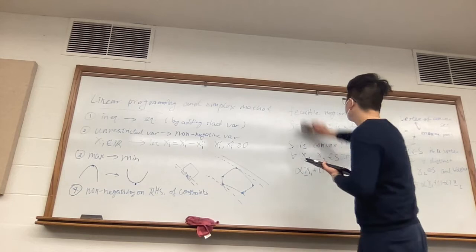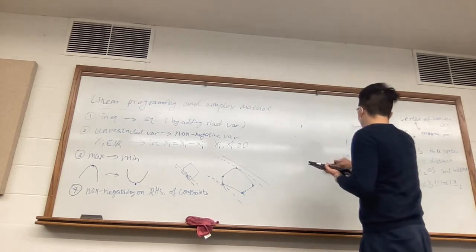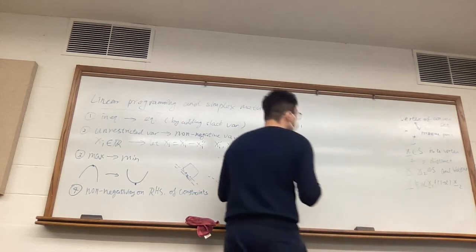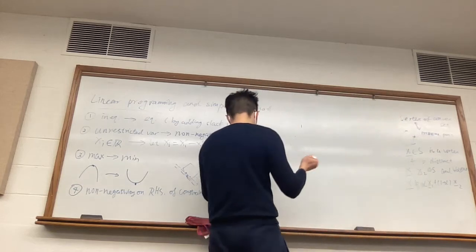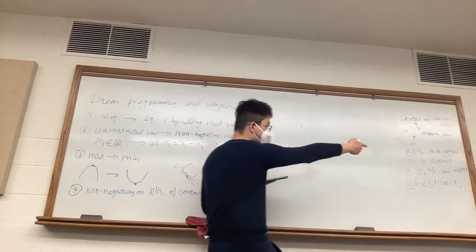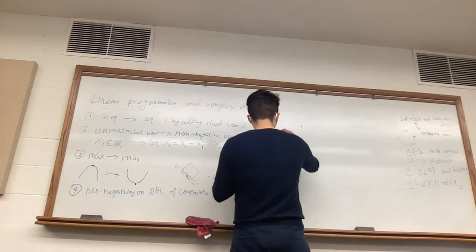Okay, and let's just do a brief review of the linear algebra, and I will start talking about the simplex method. So you see that the definition of vertex is there, and then we can state a theorem.